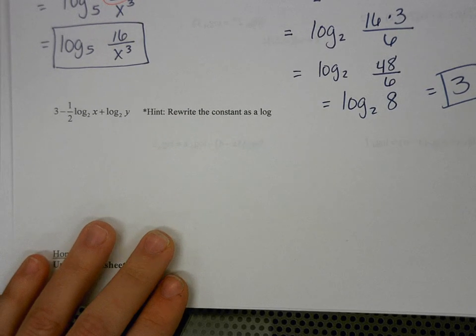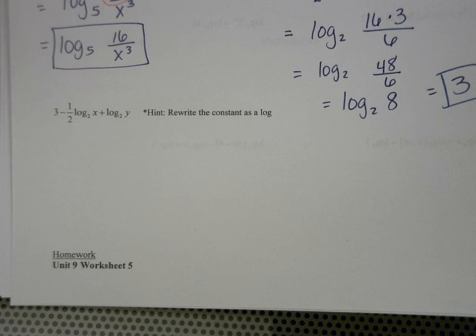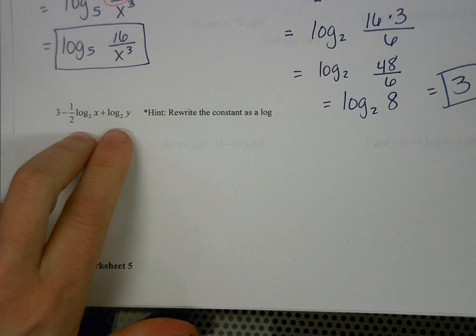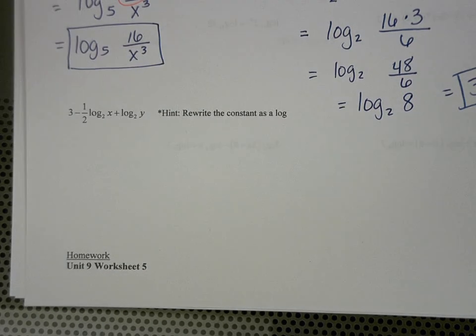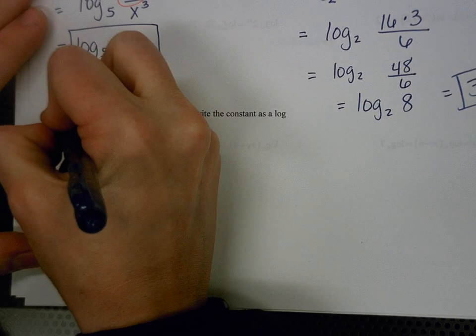All right. This is a tricky one, but it gives us a hint. Rewrite the constant as a log. All right, now, what base do we have? Log base 2. Okay. If our base is 2, then this 3 had to come from a base of 2.